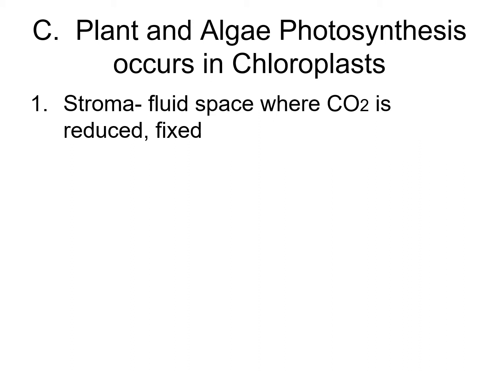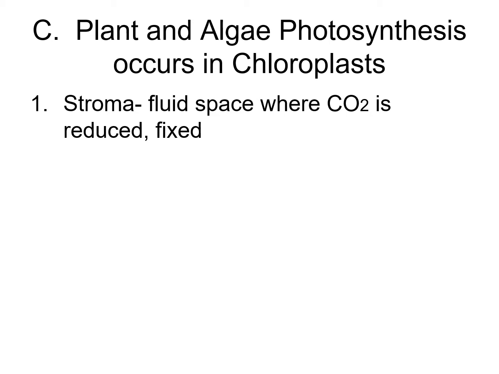Chloroplasts themselves have anatomy. They have a region called the stroma, a fluid-filled space where carbon dioxide is reduced, where it is fixed. Remember, the idea of fixing a nutrient is converting it from a less useful to a more useful form.